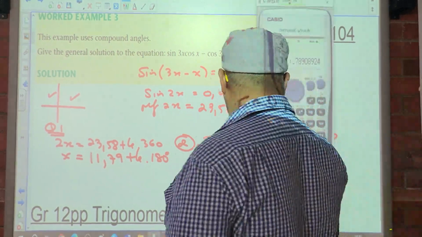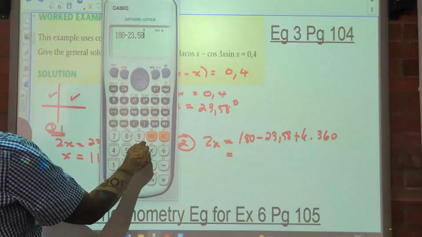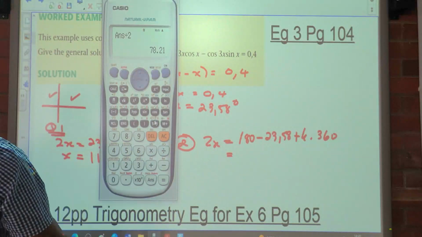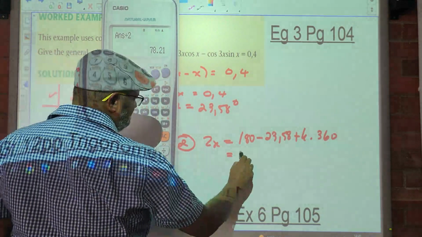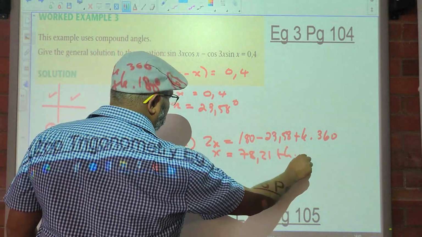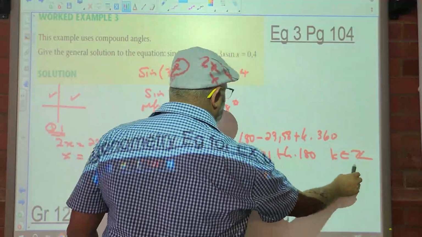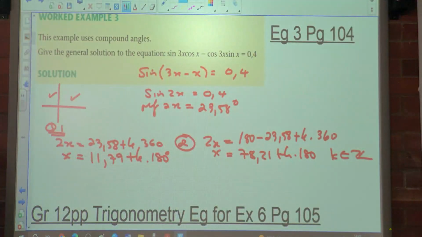So x is 180 minus 23.58, divided by 2, which gives us 78.21, plus k times 180, where k is an element of the integers. But I think that once for both is sufficient. You don't have to put it by each branch.